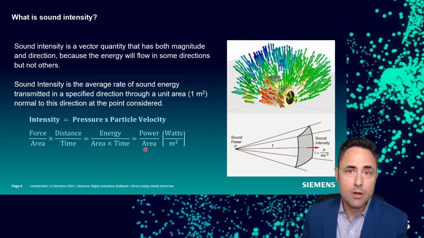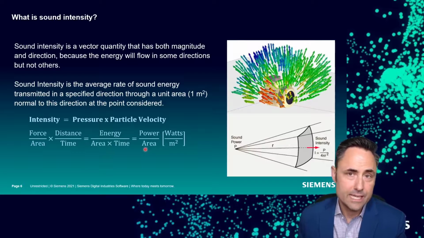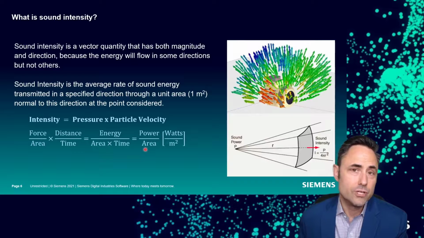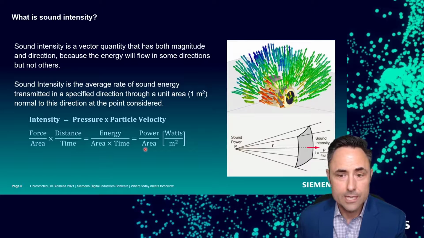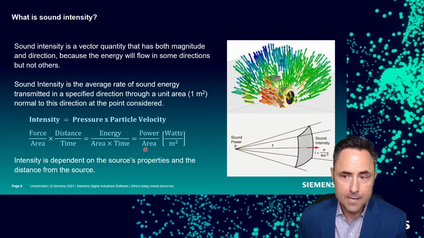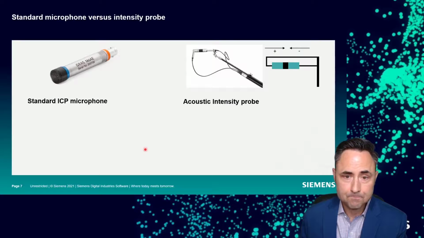But if we map it all out, you can see how we get back to that original sound power value, as well as maybe some of that additional insight that we were talking about, okay? And certainly we have to be careful about how far away we are from the object when we're making these measurements, as intensity will be directly influenced by that distance from the source. So it's just something we need to keep track of, okay?